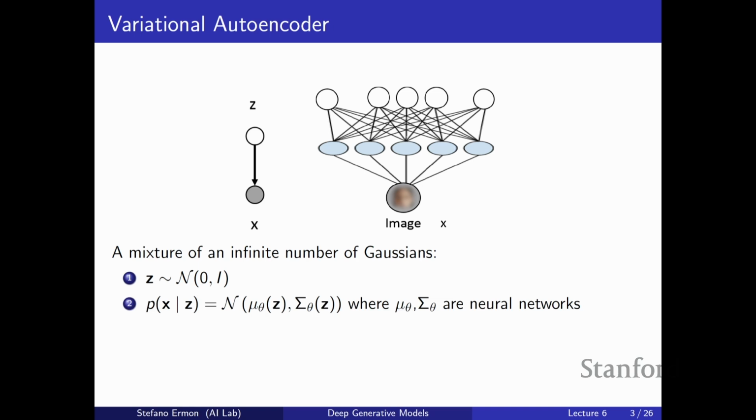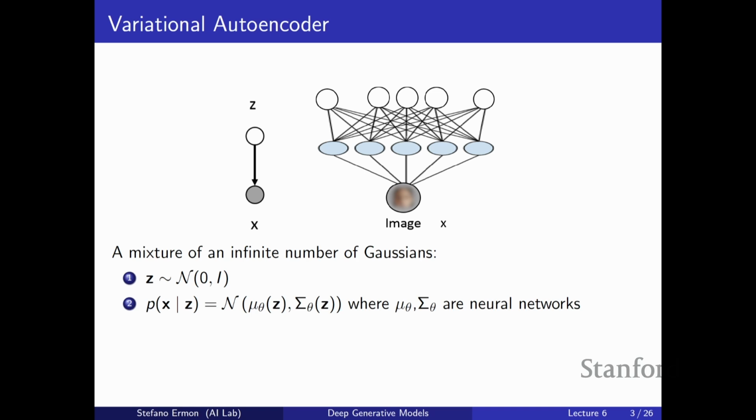Then you pass this sample z through two neural networks, mu theta and sigma theta, which give you the parameters of another Gaussian distribution: a mean vector and a covariance matrix, which depend on z. Then you generate a data point by sampling from this conditional distribution, p of x given z.